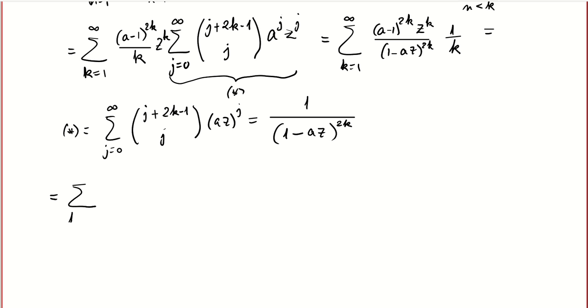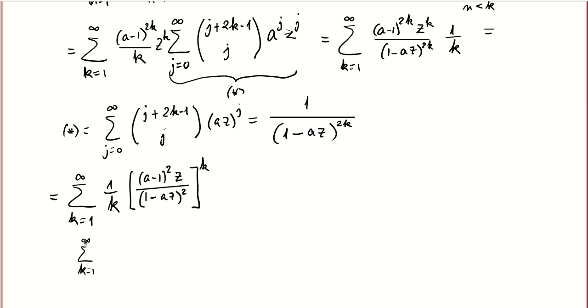If we write the following, that's the sum from 1 to infinity, then we have 1 over k, and then we have a single variable, which is a minus 1 squared times z divided by 1 minus az squared, to the power k. So all these factors are to the power k. What we have is something of this form: from k equals 1 to infinity, x to the k over k. x is this factor here.